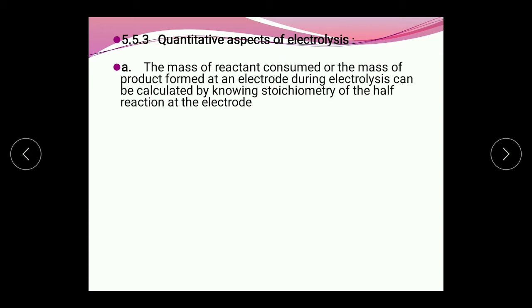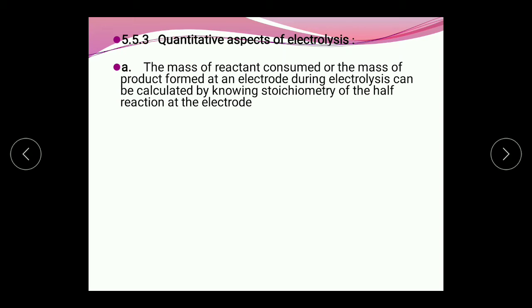For example, in electrolysis of aqueous NaCl, Cl minus gives Cl releasing one electron. But to form chlorine gas, two Cl minus ions are required, and at that time 2 electrons are removed. That means 2 Cl minus gives Cl2 plus 2 electrons. We write the reaction like this.